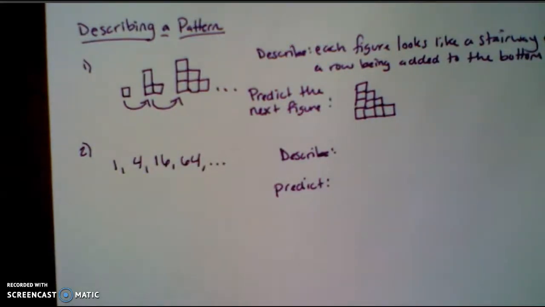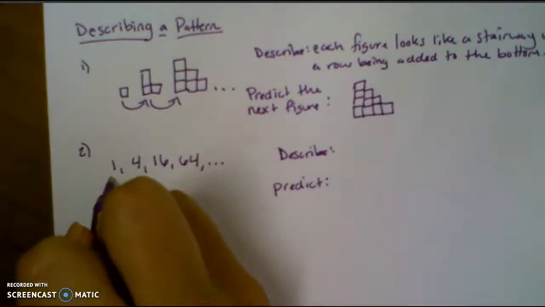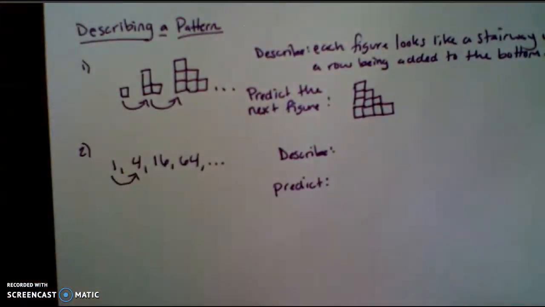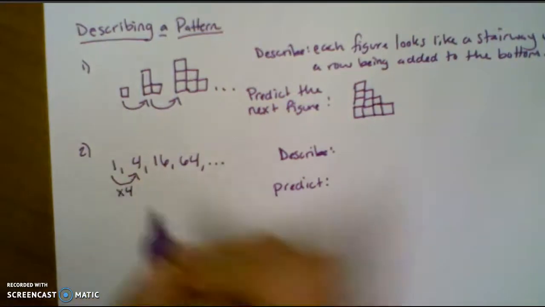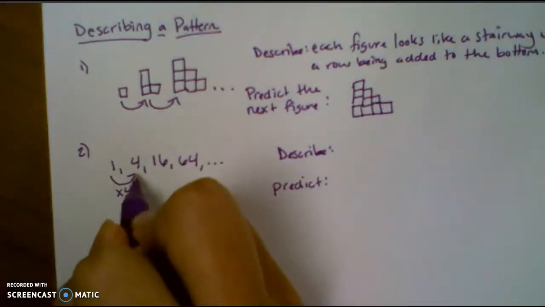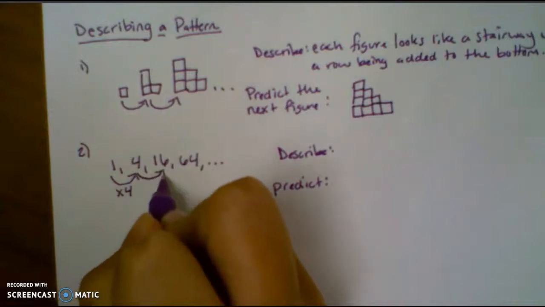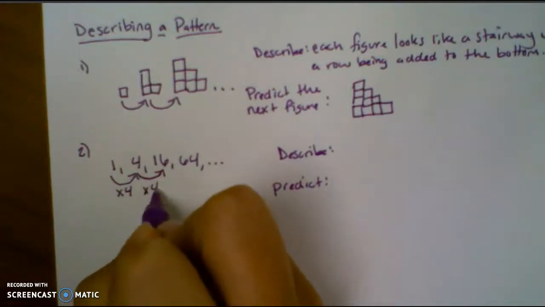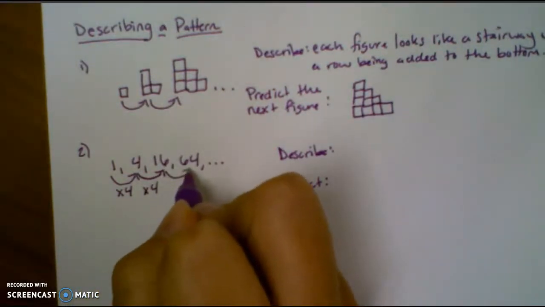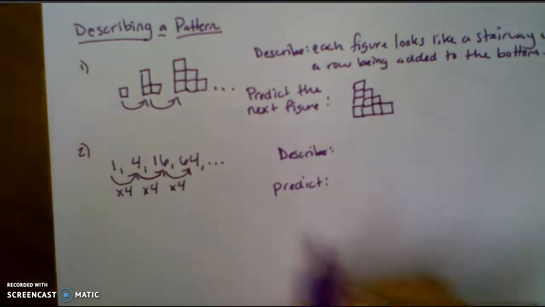So we need to look at these numbers. What do I notice about these numbers? Well, how would we go from 1 to 4? To me, I would multiply by 4. Does that work with the second one? If I take 4 times 4, yep, I get 16. If I take 16 times 4, do I get 64? Yes.